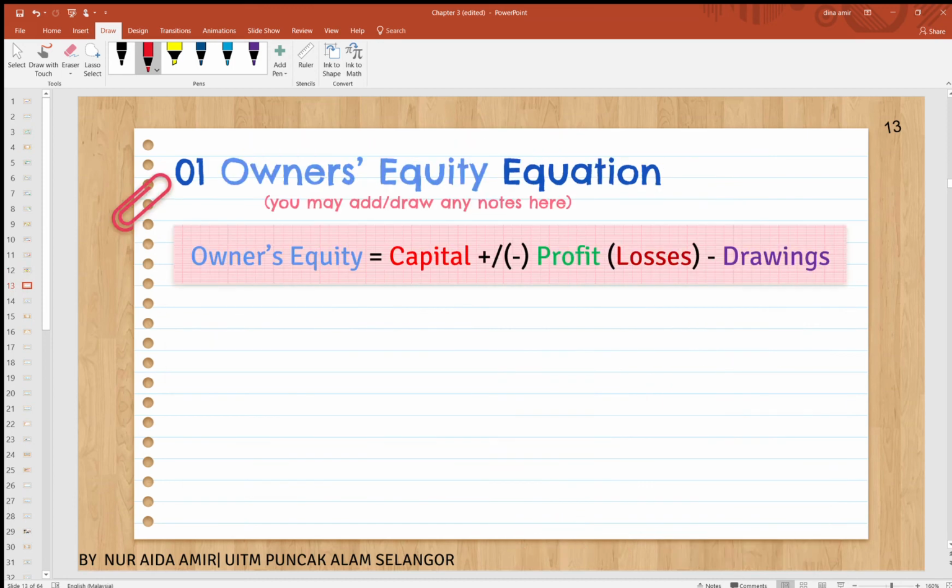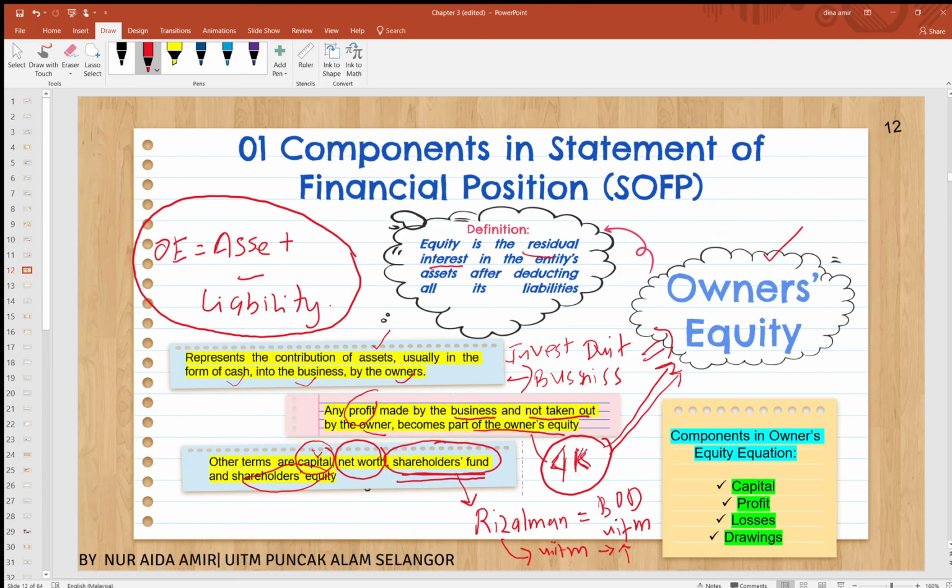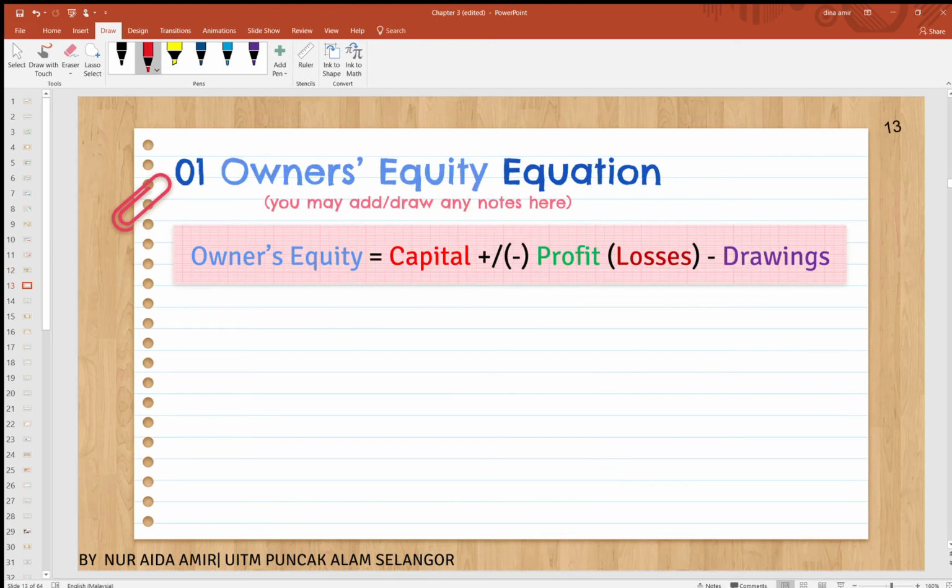Next. Tadi tu sebenarnya components of equity ada capital, ada profit, ada losses, ada drawings. Okay, ni saya akan terangkan on the next slide. Okay, ni adalah slide yang terakhir. Slide terakhir ni I bagi you kebebasan untuk you melukis, you melukis apa-apa yang you suka.